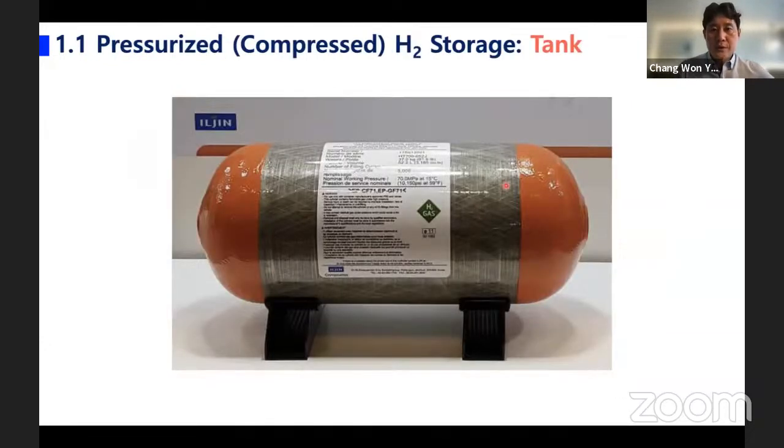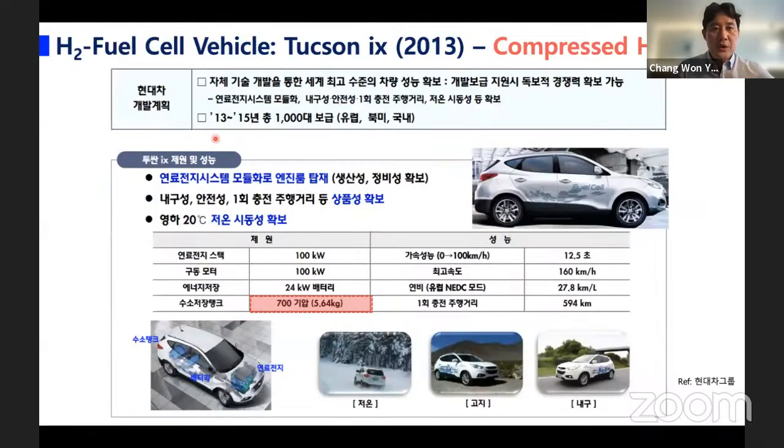So this is the real commercialized tank for pressurized hydrogen storage. This is used for hydrogen fuel cell electric vehicles. Hyundai Motors in Korea, one of the famous motor companies in the world, actually takes compressed hydrogen storage for this type of hydrogen fuel cell vehicle.